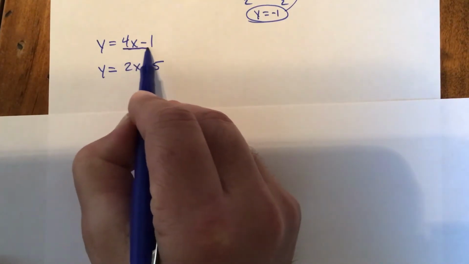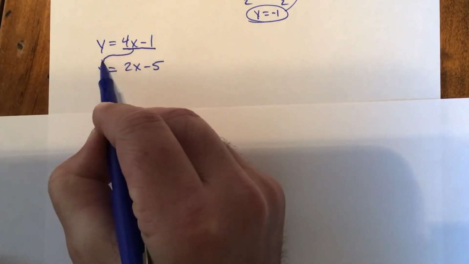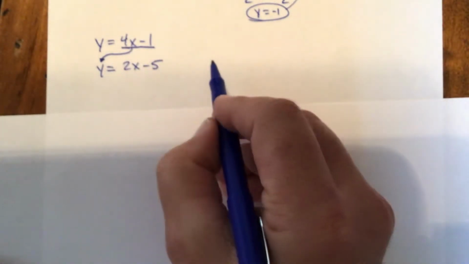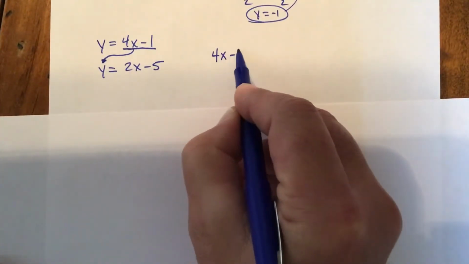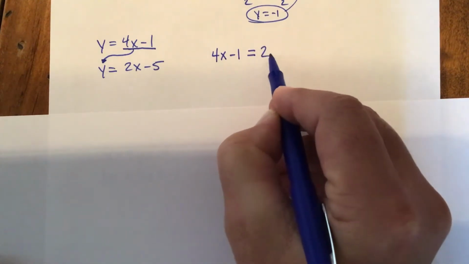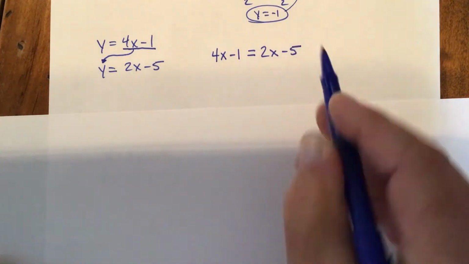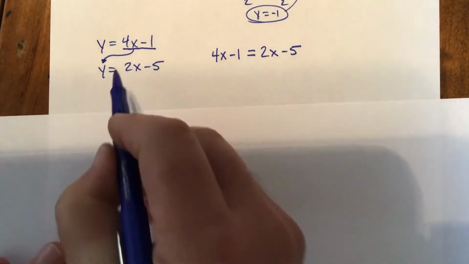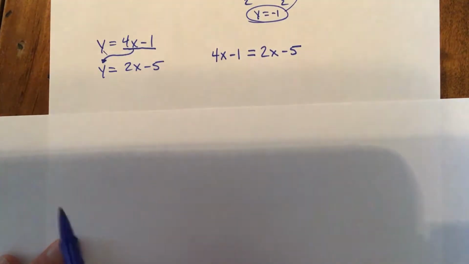So take this y and plug it into this y. So now I'm going to have 4x minus 1 is equal to 2x minus 5. Notice that we just put the two expressions equal to each other because y is equal to this and y is equal to that.